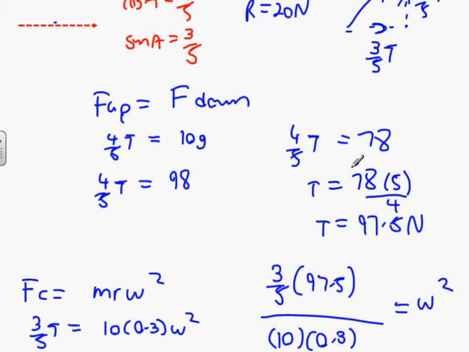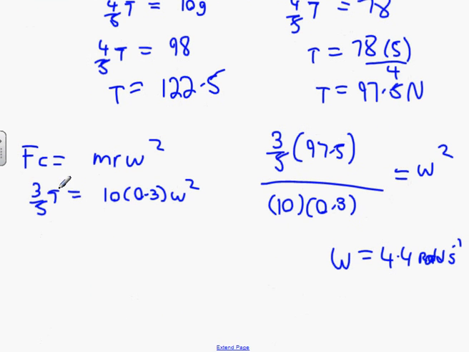What did you say? 122.5. Alright, 122.5. Okay, go back down to your old maths here. Remember we did 3/5 of T? It's still 3/5 of T, except however the T this time isn't 97.5. It is 122.5.